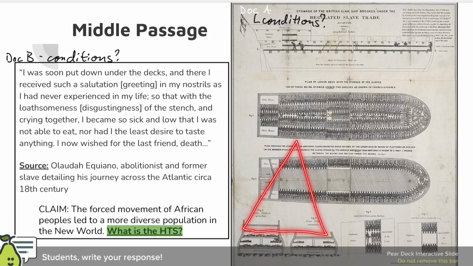So if our claim is the diaspora led to more diversity in the Americas, we're going to have to come up with SFI, specific facts that support that claim. So what specific facts about period 2 and the population in the New World would you be able to use to prove this claim?